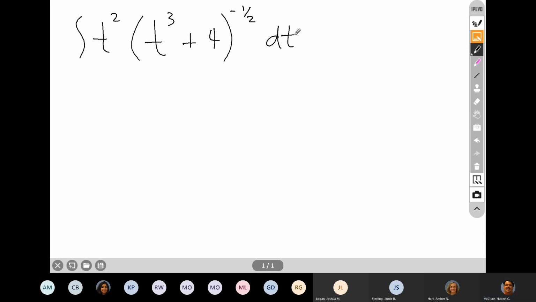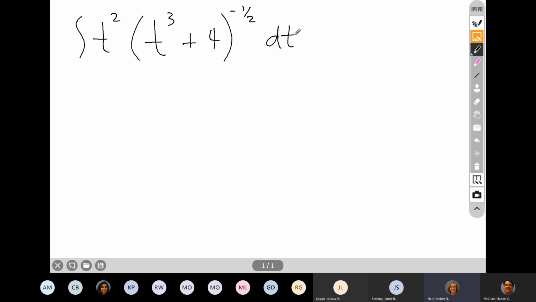Okay, another minute. So what would you use for u, with the negative 1/2? It's not technically the highest power, but you would use what's inside the parentheses, the t to the 3rd plus 4. So that's the one you would use?